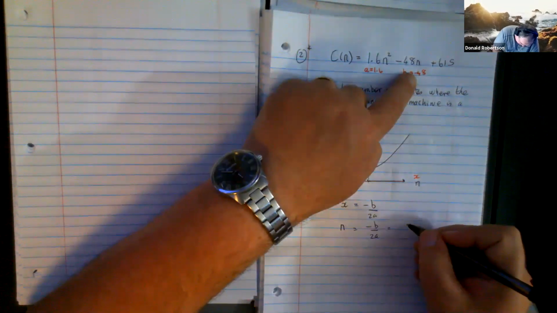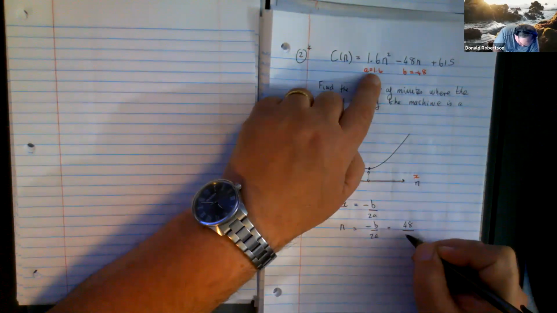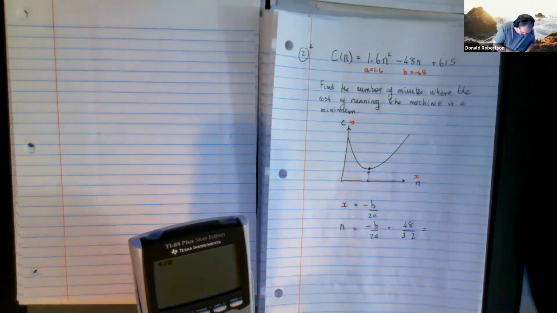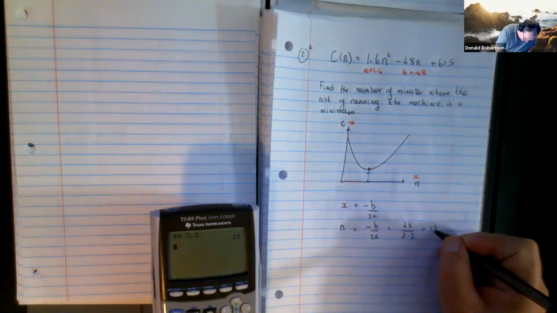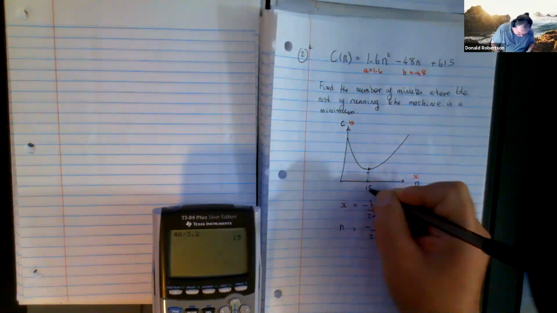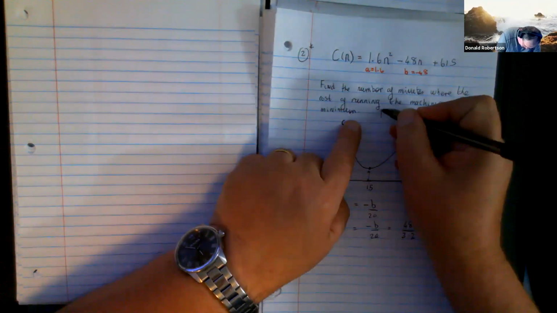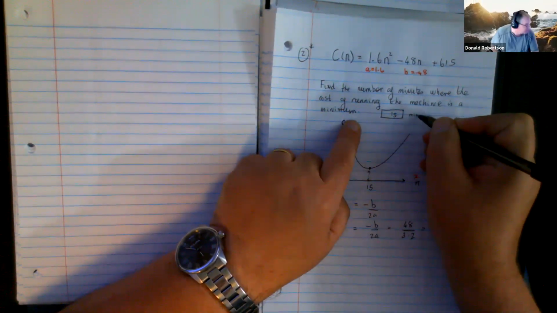The negative of negative 48 is 48, divided by 2 lots of this, which is 3.2. And then I go to my calculator and I do 48 divided by 3.2, and I get 15. So we've just answered our first question. Find the number of minutes where the cost of running the machine is the minimum. The answer is 15 minutes.